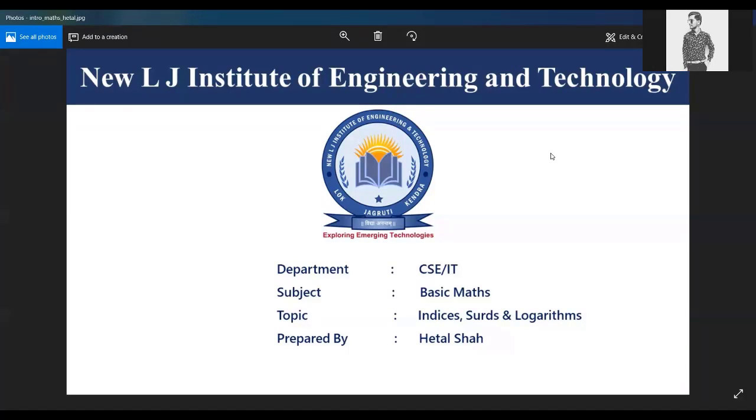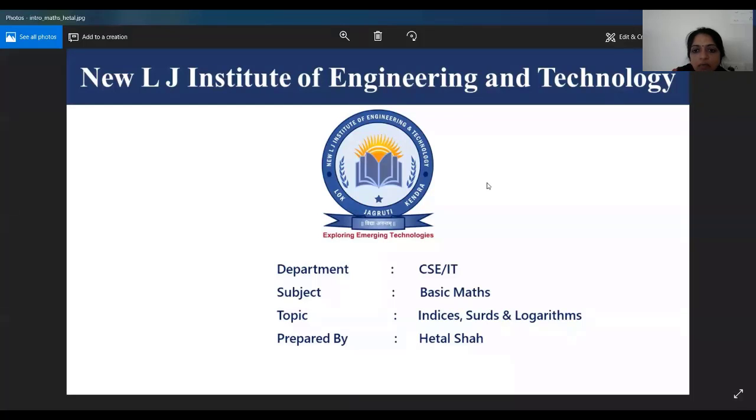Dear students, today we are going to discuss some basic maths topics. In the first 9 lectures, we are going to discuss the basic maths, which is very important for engineering mathematics. You are already aware of all these topics, but we will just look at a short note, and after that we are going to teach engineering mathematics.